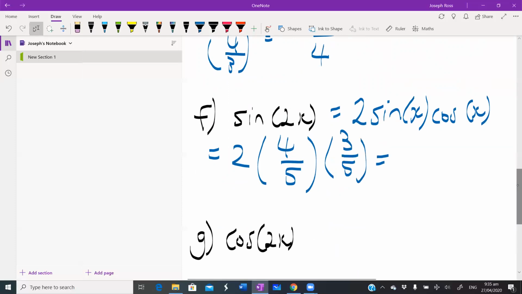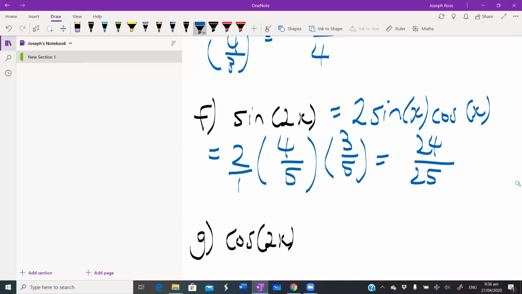And if we calculate that, we're multiplying fractions, so we go straight across the top: 2 times 4 times 3, that is 24. And along the bottom, we've got 1 times 5 times 5, which is 25. So sine of 2x, in other words the double angle, is 24 over 25.